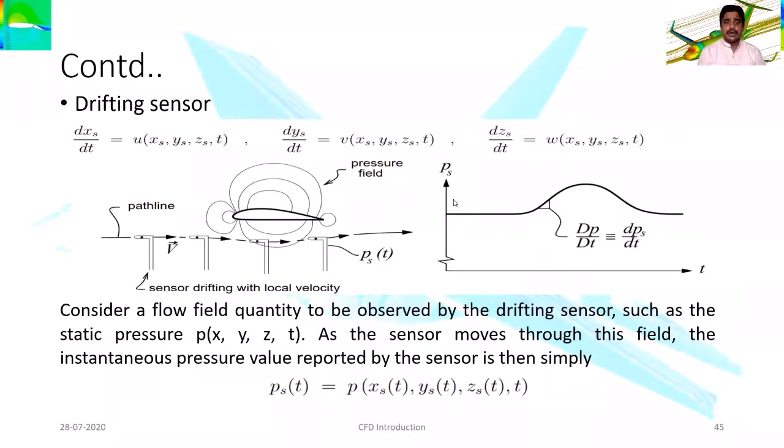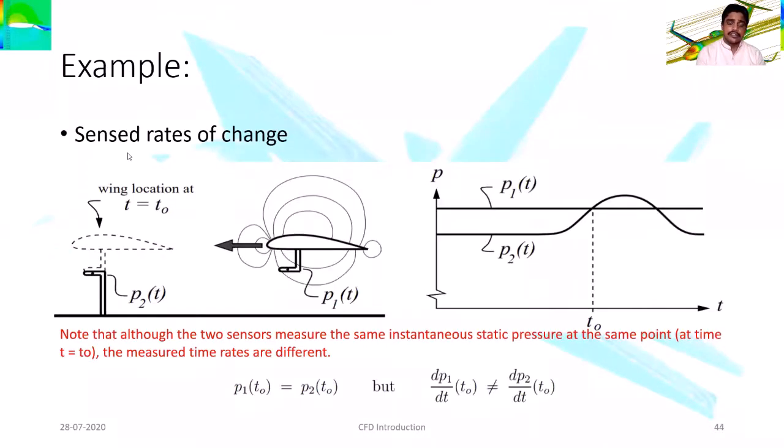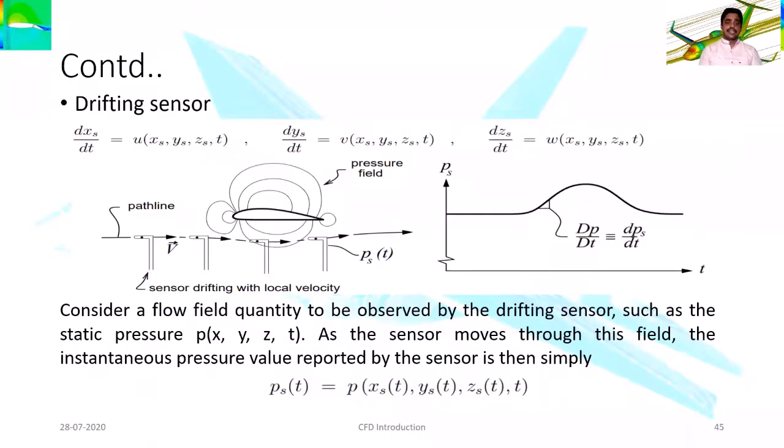Now in the second case, the first one we kept at the sensed rate of changes. Here we are continuously changing the sensor drift with local velocity. Sensor drifting means we are moving the pitot tube with respect to the wing. The wing is stationary, so the wing pressure field generated is the same, but I am continuously shifting my sensor from one location to the other.